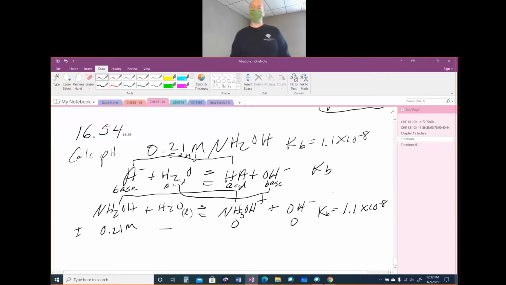To double check, to make sure you don't have to check your x value, you take the concentration of your base divided by your Kb and see if it is greater than 1,000. When you take your 0.21 divided by your 1.1 times 10 to the minus 8, it is a giant number.